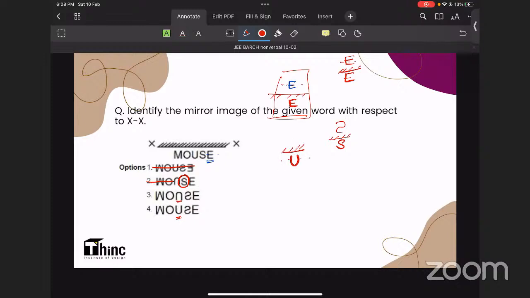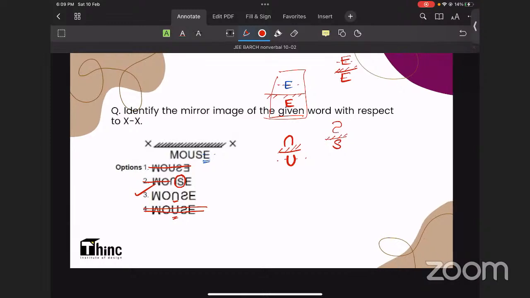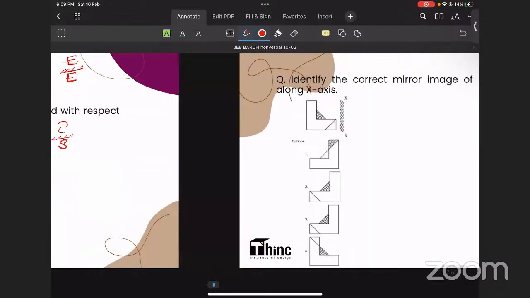Obviously not, so it will be reflected in a different manner. So option 4. Students can easily eliminate options and reach their answers in 2 to 3 seconds. It was a very simple question. Symmetricity of letters is very important in mirror images.